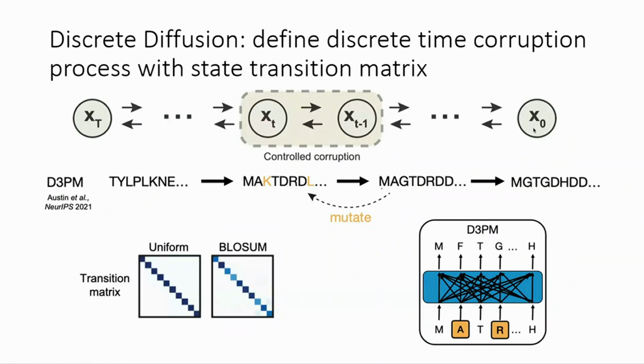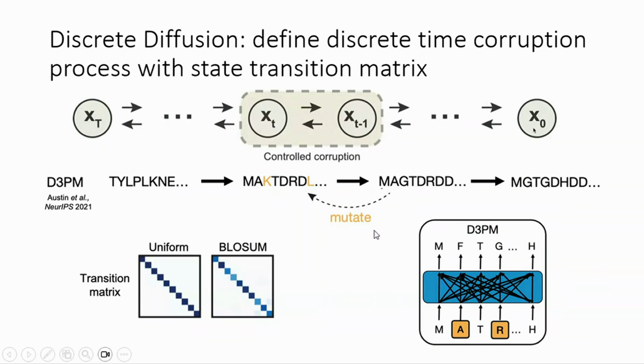A slightly more complex version is to define random mutation jumps. Your corruption process is based on a certain rate matrix or transition matrix, where you could design that transition matrix to substitute something with something similar, or with something completely different, making random jumps.